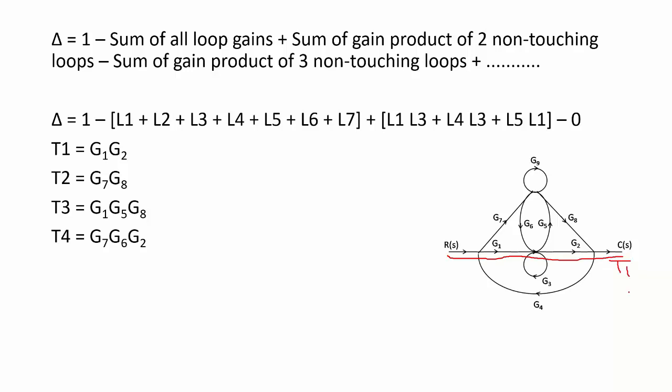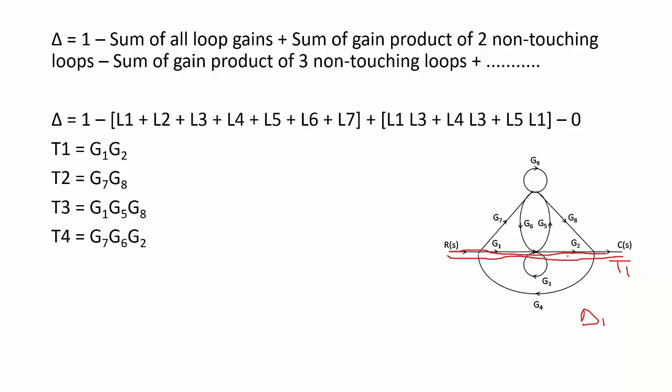In order to find delta 1, I told you that you will have to observe the SFG which does not touch T1, any part of the SFG that does not touch T1. So you are going to eliminate the forward path T1, as well as all the SFG which is directly in contact with T1.